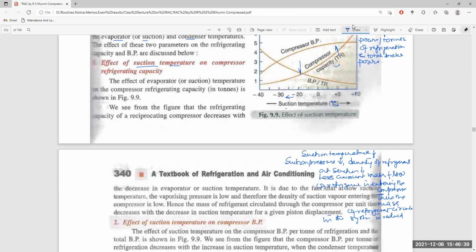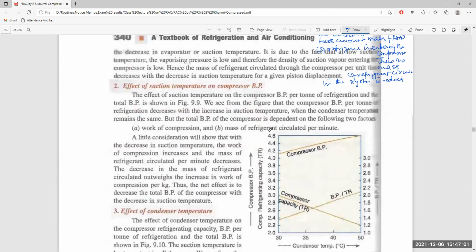Now, what happens? As the temperature reduces, the compression efficiency reduces, and the capacity also reduces. Its COP goes on reducing because less mass is flowing throughout the system.